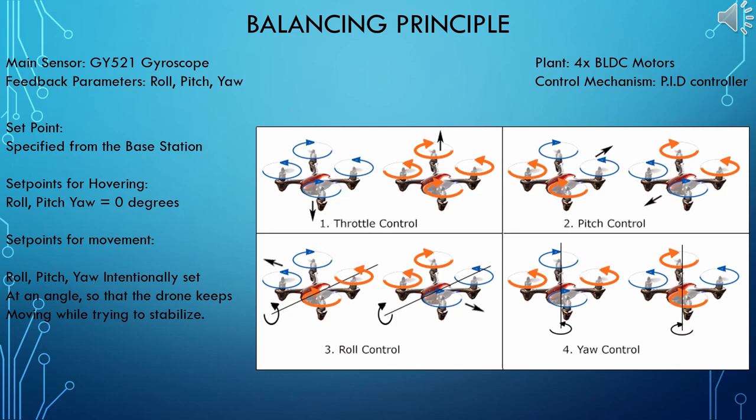In order to rotate in any particular direction, 2 motor speeds must be increased while the other 2 are decreased, as shown in the diagram. By default, the set points are at 0 degrees, but when a movement is desired, the set points are set at a particular angle, roll, pitch or yaw, to achieve that motion.